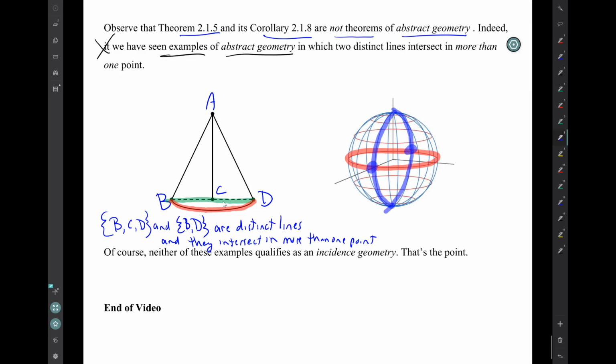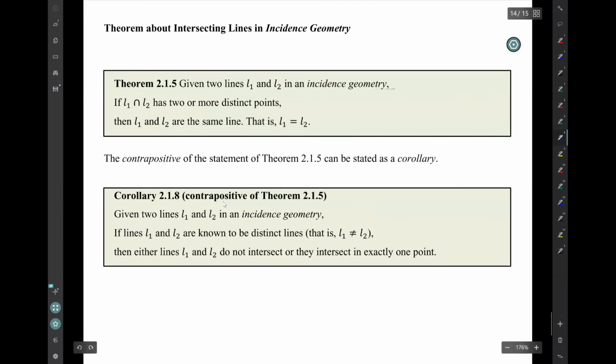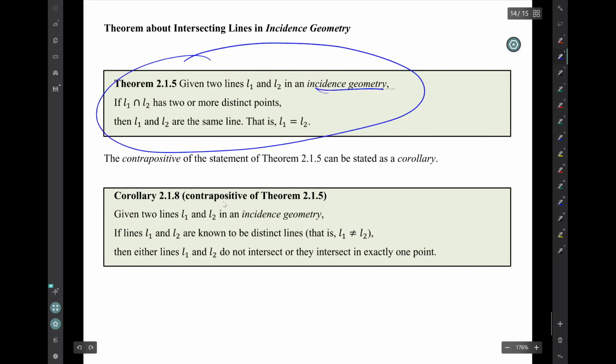They're distinct lines. They intersect in more than one point. But of course, neither of these examples is an incidence geometry. That's the whole point. These are examples of abstract geometries. So the theorem articulated here is a theorem of incidence geometry. It's a theorem about intersecting lines in incidence geometry.